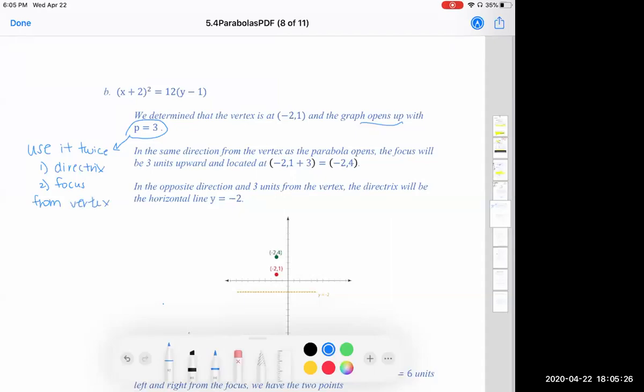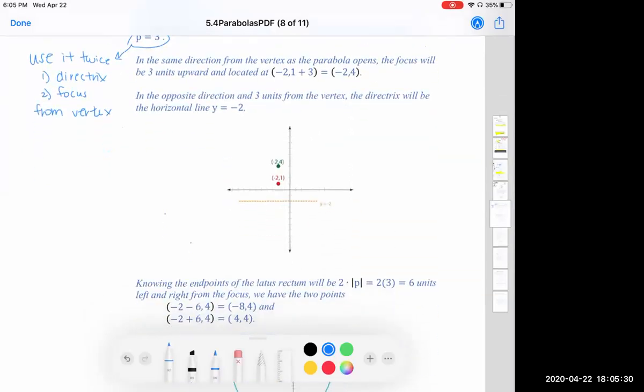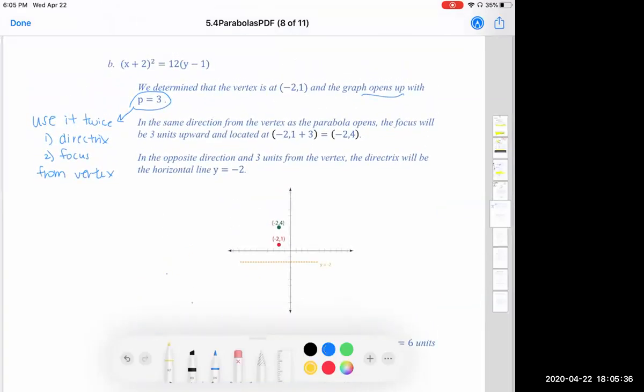It's not called the center for a parabola, right? Okay, so I always lose track of what everything means. So I start off with your vertex. All right, we said we have a vertex at (-2, 1). Draw your vertex. We have it right there in red.